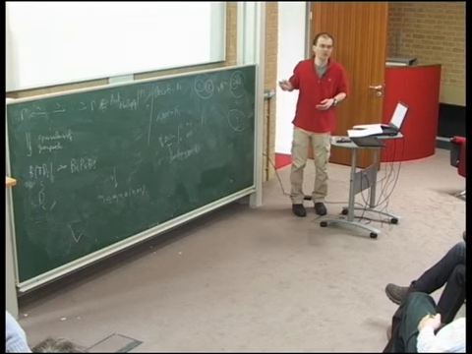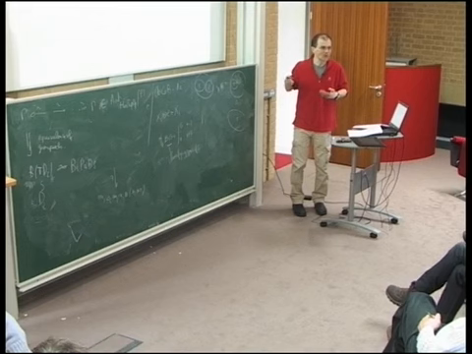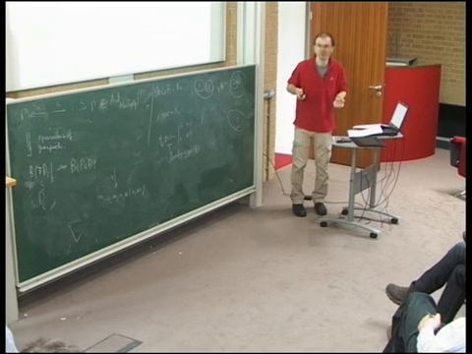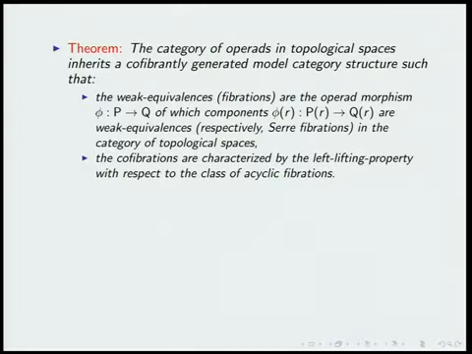And you need another class of objects, which are the coherent objects. In the case of topological spaces, you consider the cell complexes, which are good realizations of the coherent objects. And in the case of operads, you can also define a class of coherent objects. Basically, they are characterized by some good homotopy lifting property.